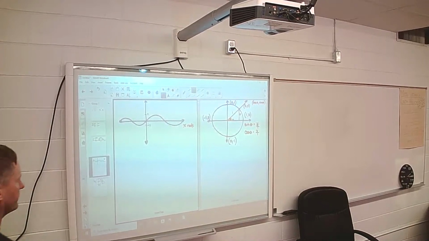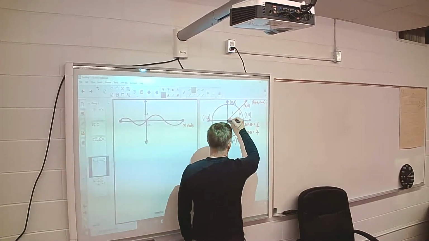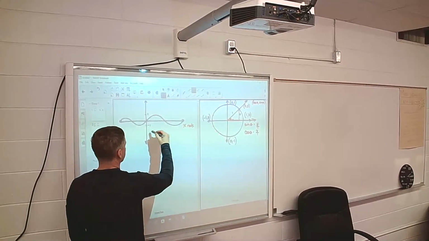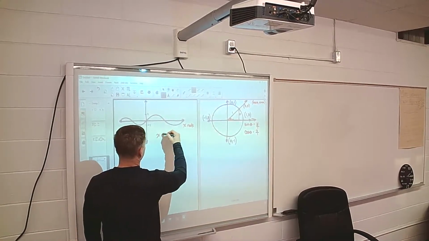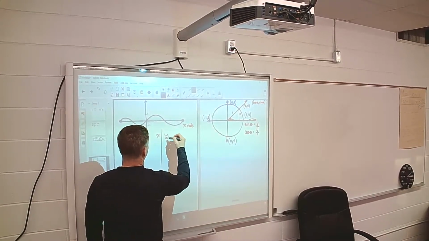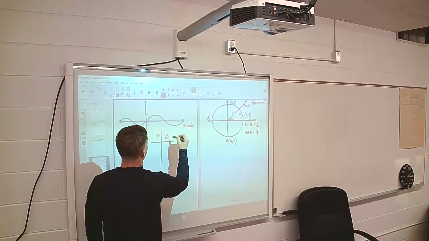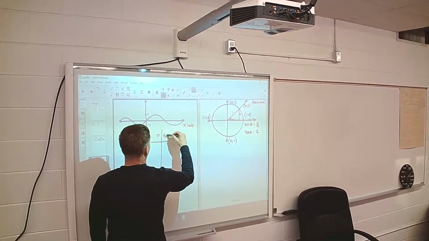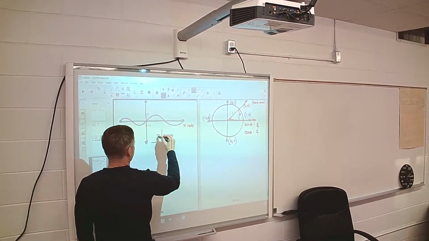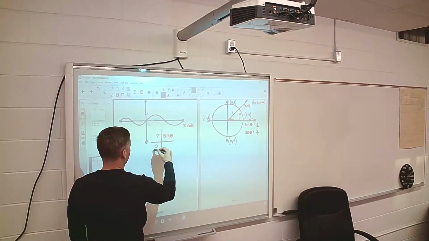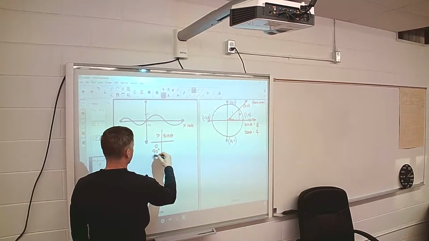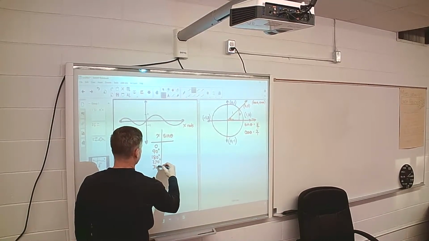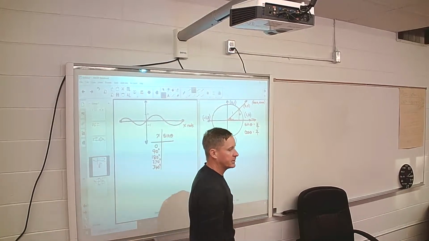To begin with, I start right here. Along that axis, that is 0 degrees. So again, this is the measure in radians. So I'm going to go 0, 90 degrees, 180 degrees, 270 degrees, and 360 degrees. So I want you to write that down.